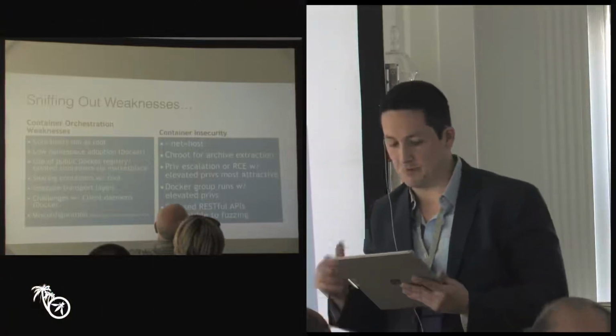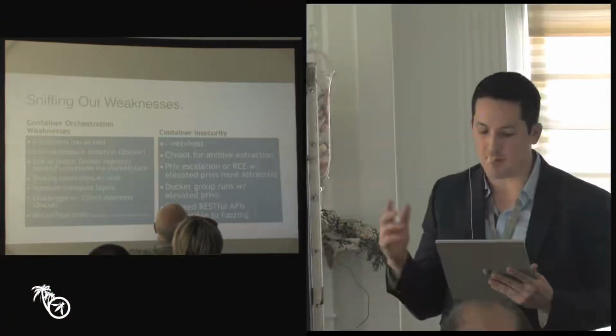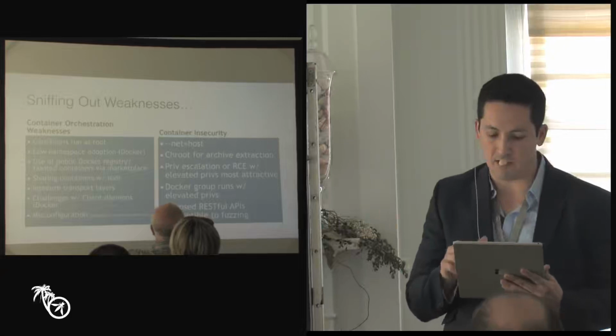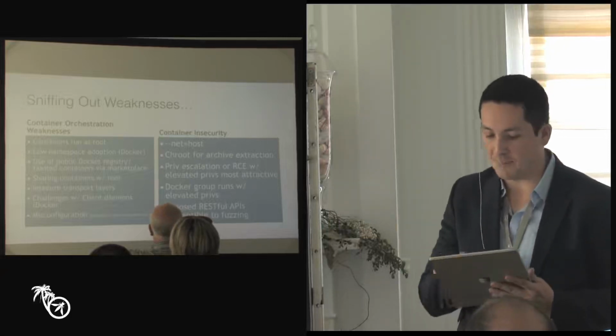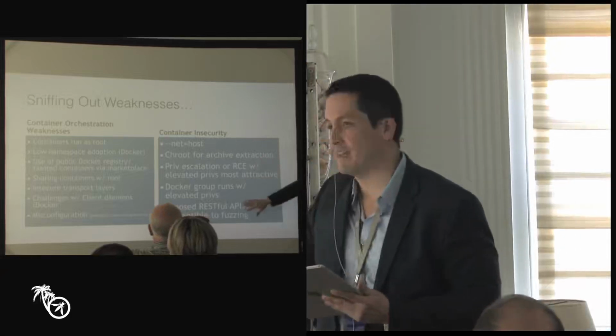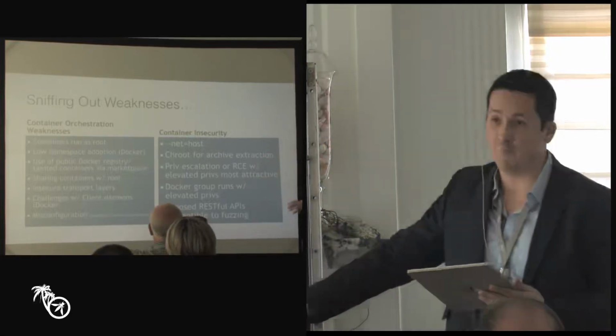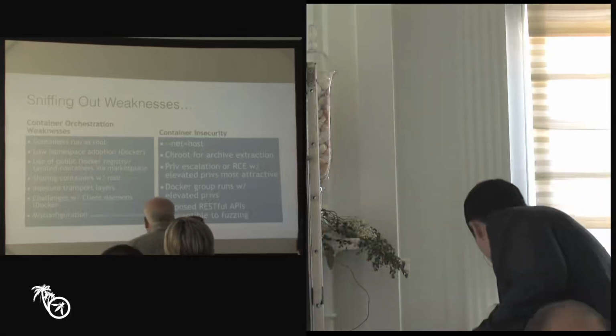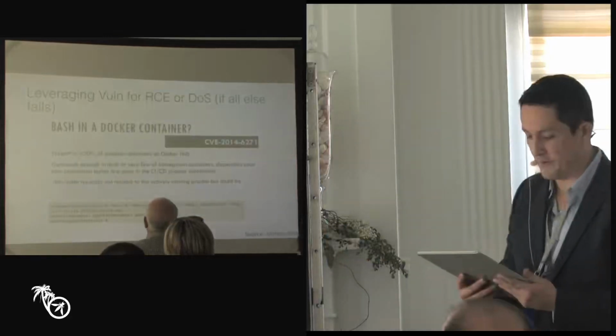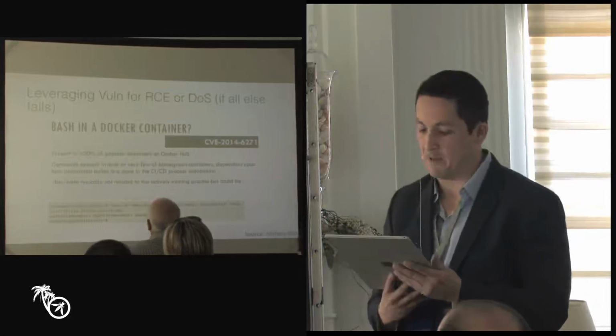There is a chroot for archive extraction exploit that we'll show in a second, and a privilege escalation remote code execution. So all of these container insecurity things have been demonstrated, resolved, and assigned their CVEs. But here's one that was shown at Black Hat.